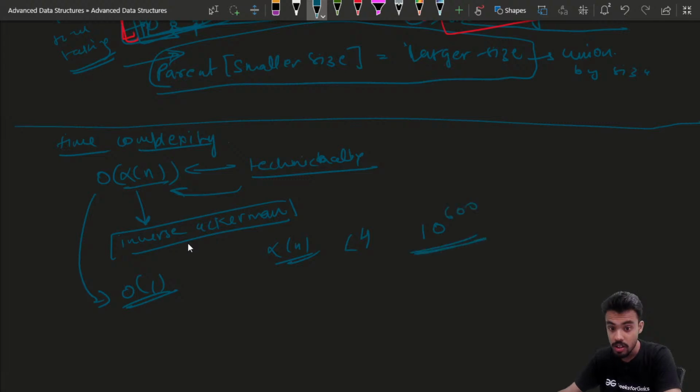So for this huge value of n, we are going to get alpha n as about 4. So that means order of alpha n is almost equal to order of 1. This is nothing but the inverse Ackermann function. It requires huge mathematics.